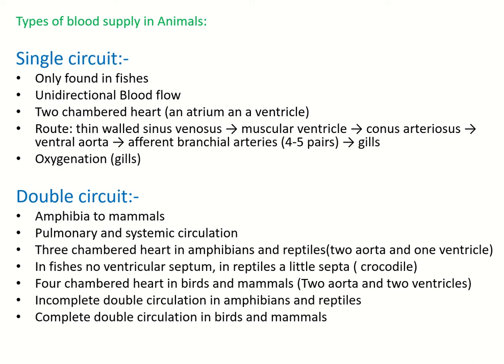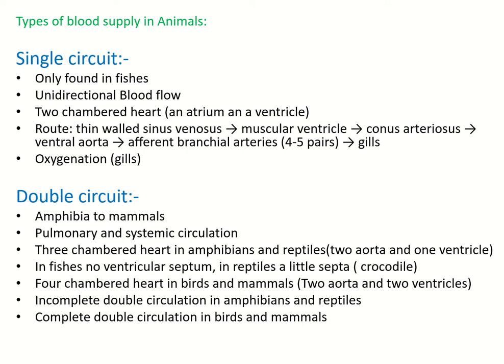From all of the body of the fish, the blood is collected into thin-walled sinus venosus, from where it is driven to ventricle, which is highly muscular. That ventricle pushes the blood through conus arteriosus into ventral aorta.